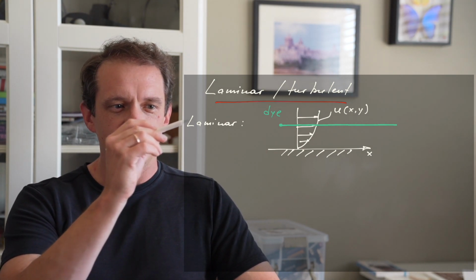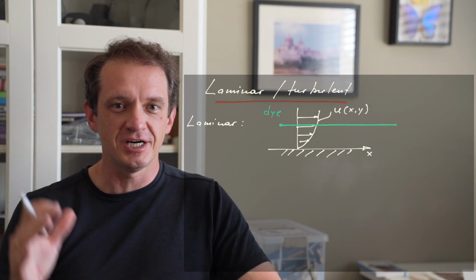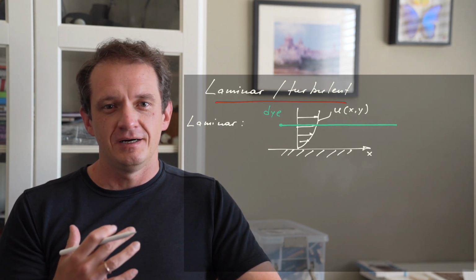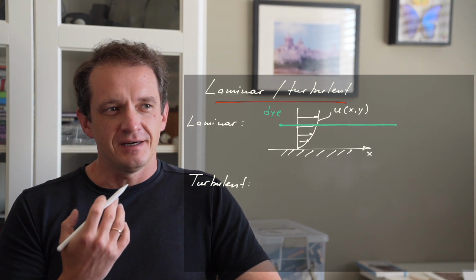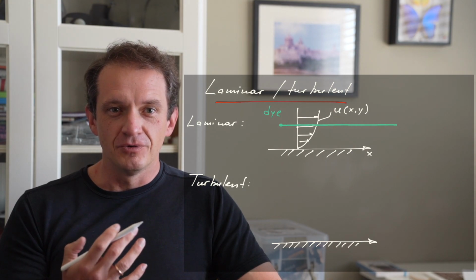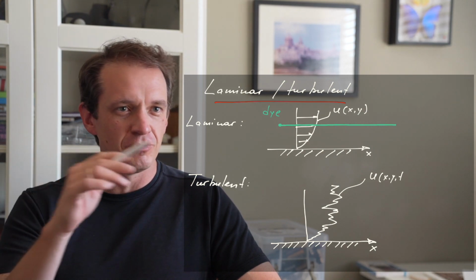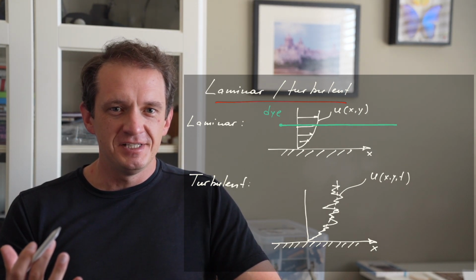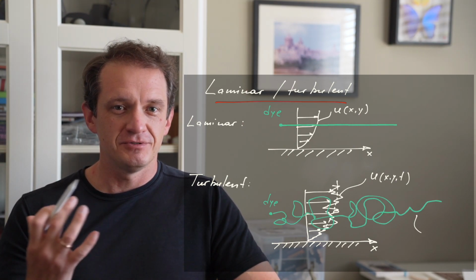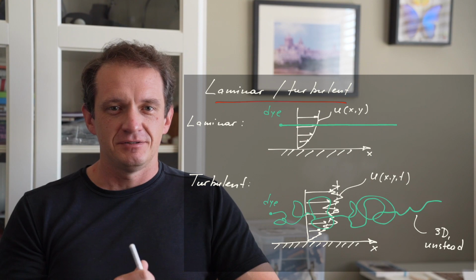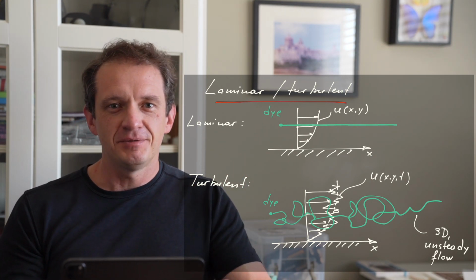We will see that the dye tracer will just move smoothly and trace some trajectory that's fairly predictable, certainly regular. In contrast, if we consider a turbulent flow, the same dye tracer will undergo a highly 3D unsteady trajectory. The dye will mix very rapidly in the flow, so these are characteristics of a turbulent flow. The more formal definition is quite a bit more elusive.